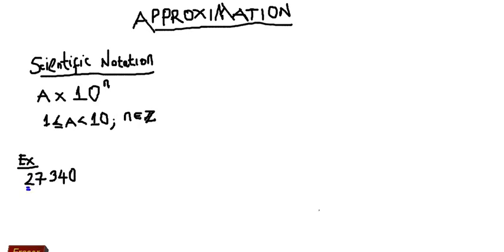We already know that since 27,340 is a whole number, the decimal point is way over after the 0. That is where the decimal point is.